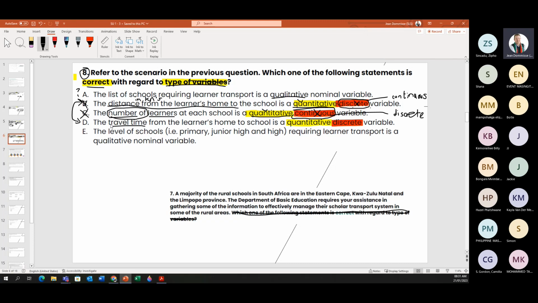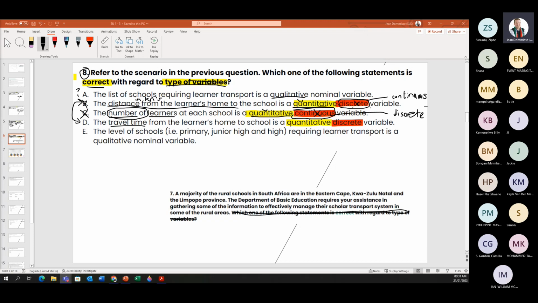So then they should have set the travel time in hours, the travel time in minutes, the travel time in seconds. All of those things will be in the identification of discrete. If they only tell you travel time, then we assume it is continuous.